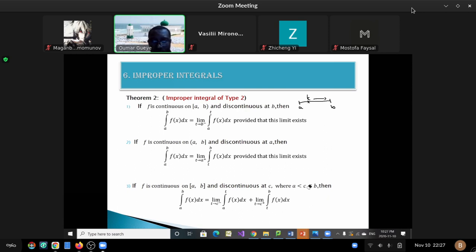In this case, you have to split your integral into two integrals. You integrate from A to C, and after that from C to B. You will get two improper integrals because at C the function is discontinuous. The first integral is exactly what we got for the first situation, and the second integral is exactly similar to the second situation, and you apply the same thing. So next, I'm just going to do some examples.